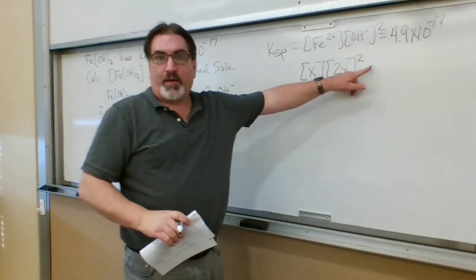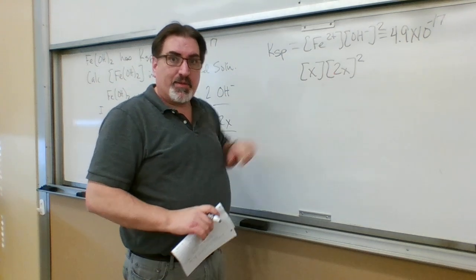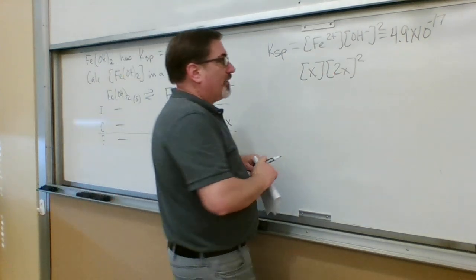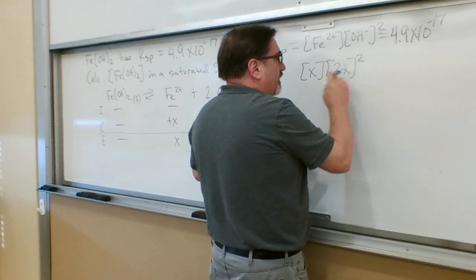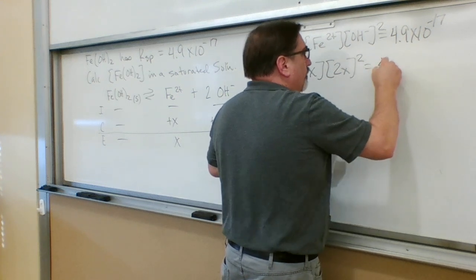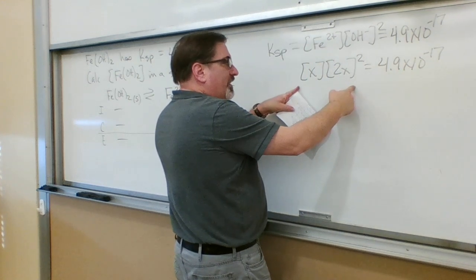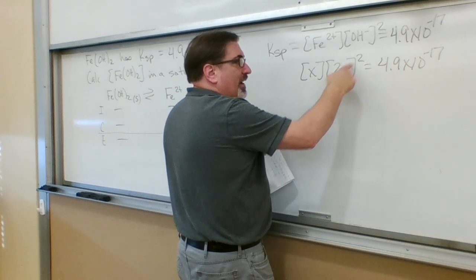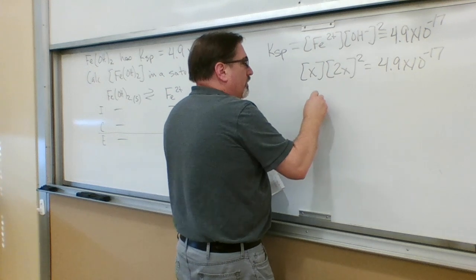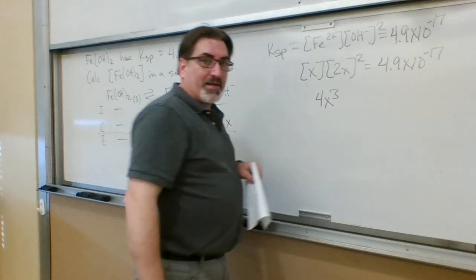Remember all the trouble we had with that back in the regular equilibrium chapter, right? When we square that, it becomes 4X squared for that term. So I'm going to simplify what's on the left-hand side. X times 2X quantity squared is 4X cubed, right?